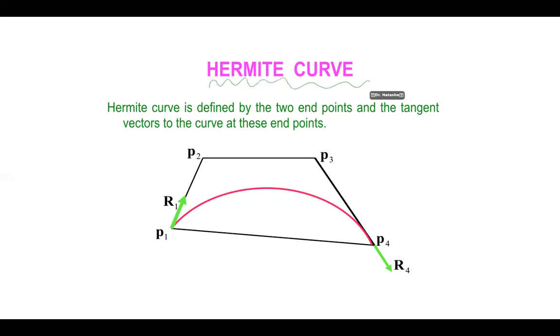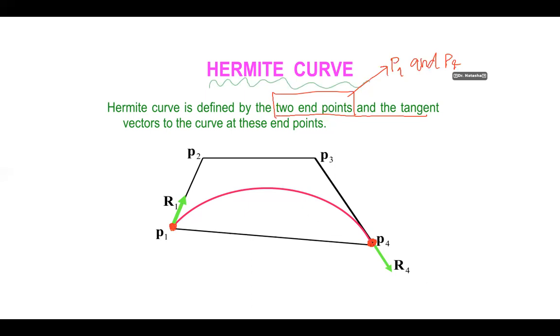I would say that we can easily define it by using two things. The first one is that a Hermite curve can be defined by two endpoints. From this figure, the two endpoints mean P1 and P4.